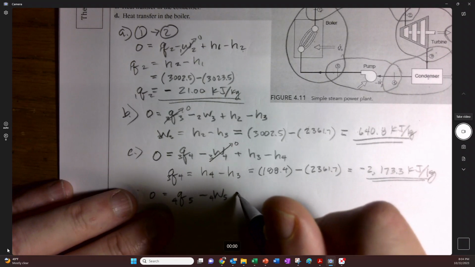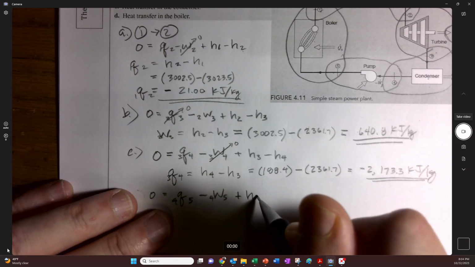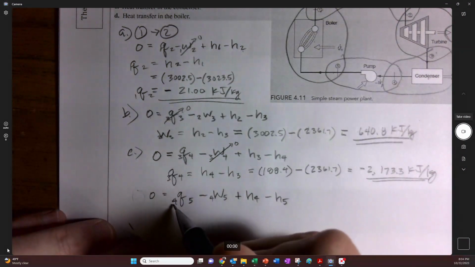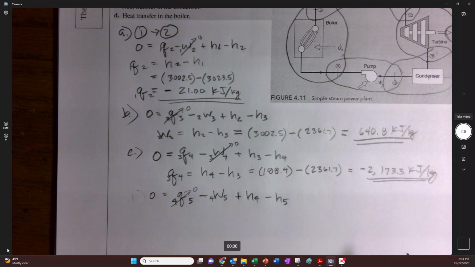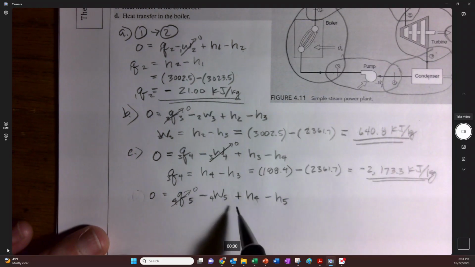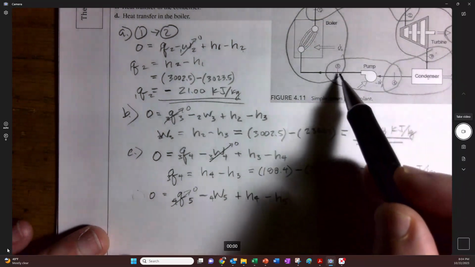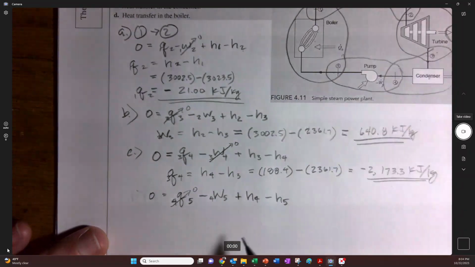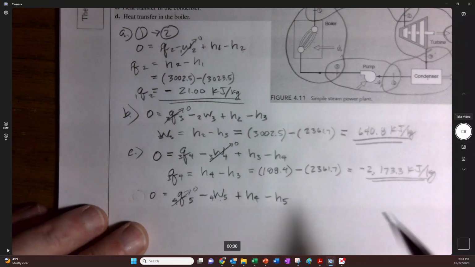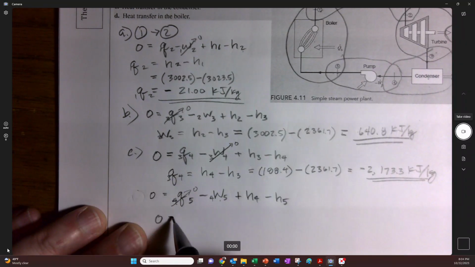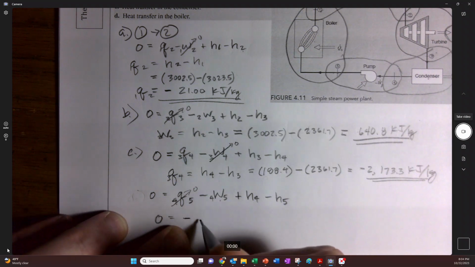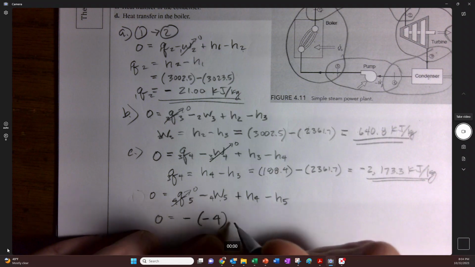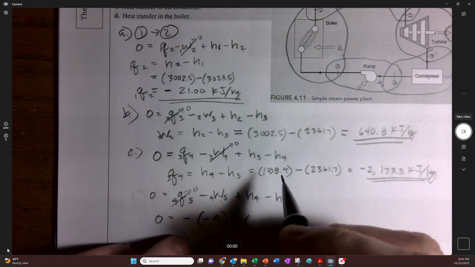Oh, I know why I did this. Okay, plus 4 coming in minus 5 going out. We're going to assume that we don't have any heat transfer taking place. And what we'd like to know is what is H5. So what we could do is say 0 equals minus 4 kilojoules per kilogram plus, what's H4?